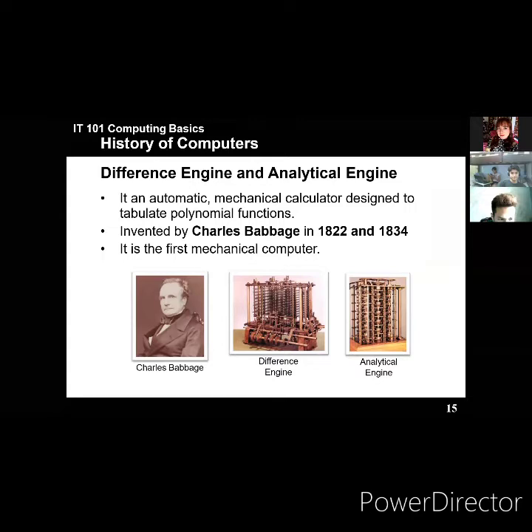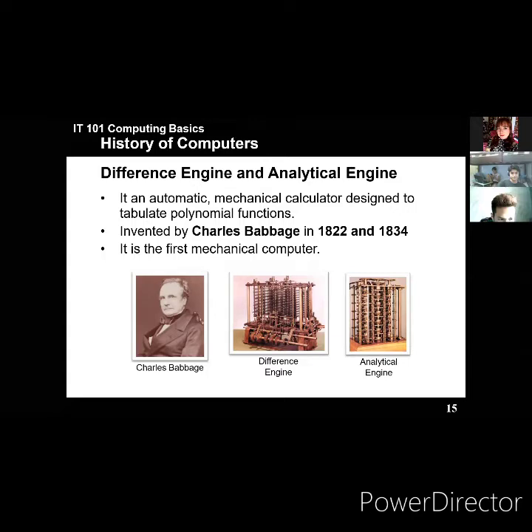Why modern computer? Ba't hindi na lang father of computer? Kaya siya tinawag na father of modern computer dahil na-visualize niya yung computer natin ngayon. Ang computer natin ngayon, yung mayroong basic operations, input, output, process, and store. So, yun yung kanyang na-visualize. Kaya tinawag siyang father of modern computer.